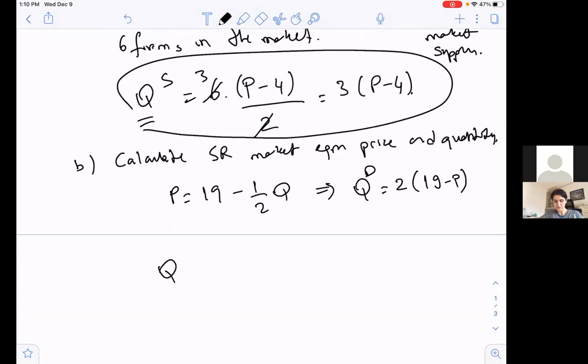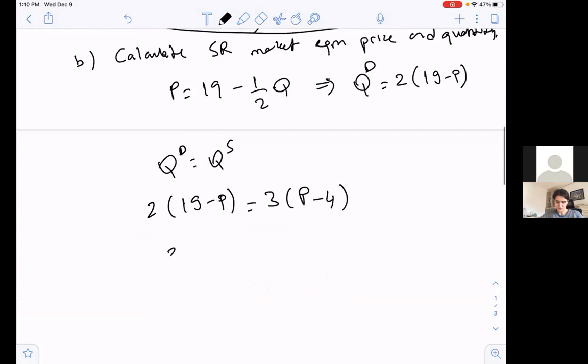So Q demanded will be equal to Q supplied in the equilibrium. 2 times 19 minus P equals 3 times P minus 4. 38 minus 2P equals 3P minus 12, so 50 equals 5P.